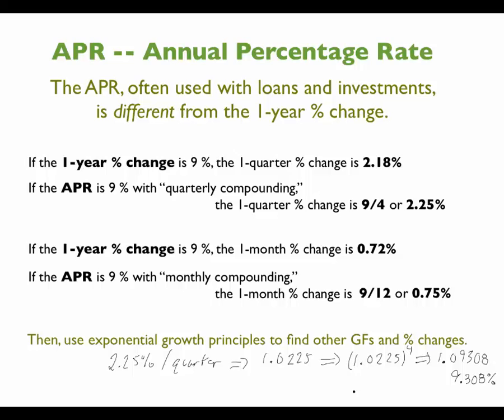Aaron, did you get to do it? Given an APR of 9% with monthly compounding, what's the true percent change per year? It's not 9%. So how do we get it? Can you use the same amount on the bottom, but instead of quarter, do the month? Okay. So what is it per month?